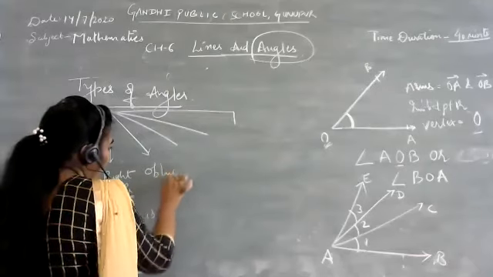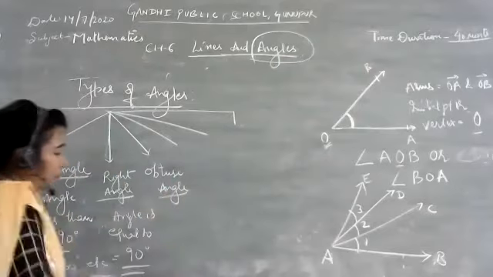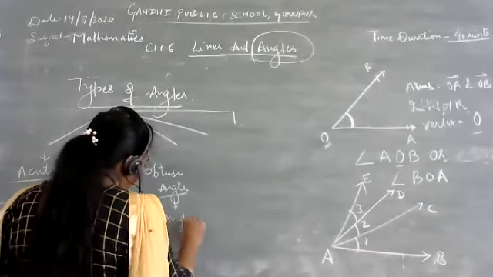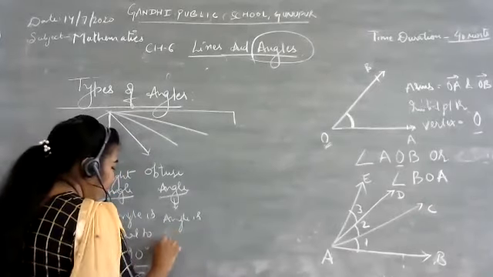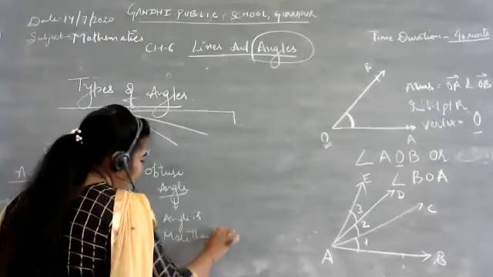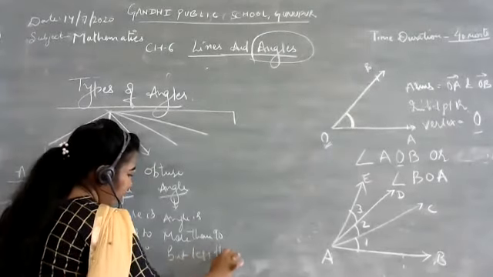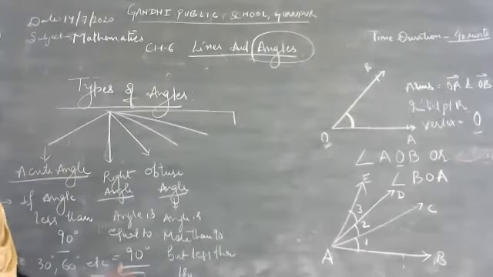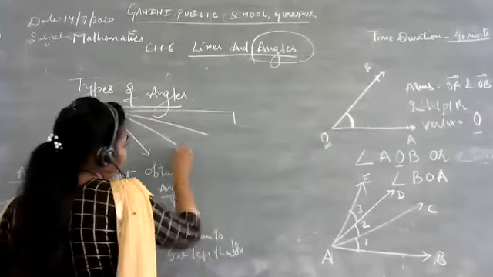Next is the obtuse angle. An obtuse angle is more than 90 but less than 180 degrees.